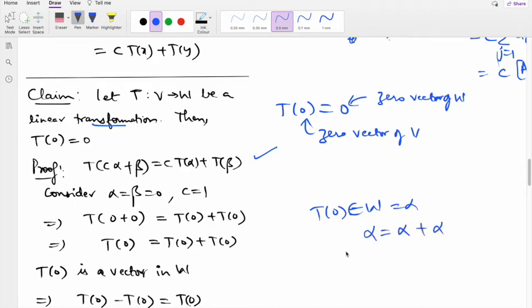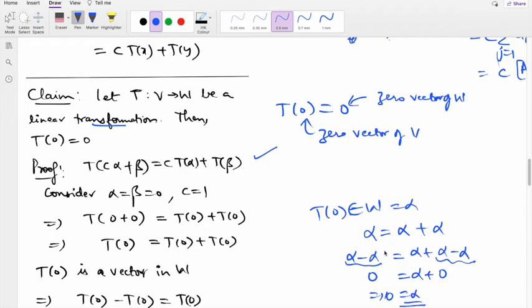Now I will apply the additive inverse of alpha on both the sides, right? Which basically means alpha minus alpha equals alpha plus alpha minus alpha. I know alpha minus alpha is 0. Again, here also I can use the property of associativity and say that this is alpha plus 0, which means 0 equals alpha, right?